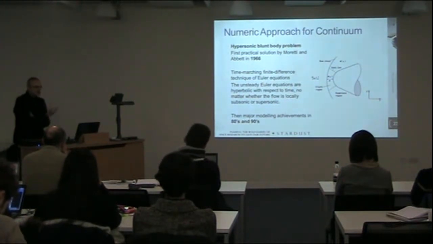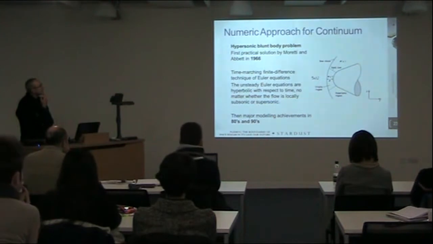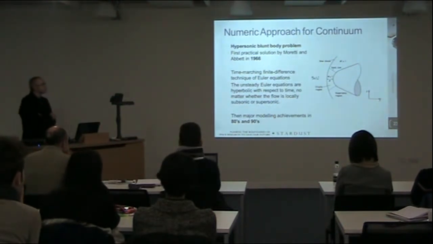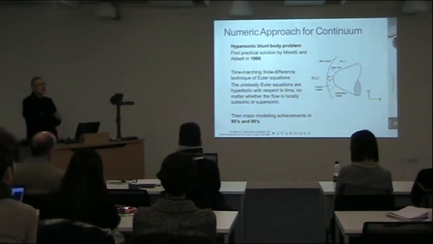Well, this is basically some sort of history. In terms of numerical simulations, the first major achievement was obtained in the 60s when people solved numerically this blunt body problem.